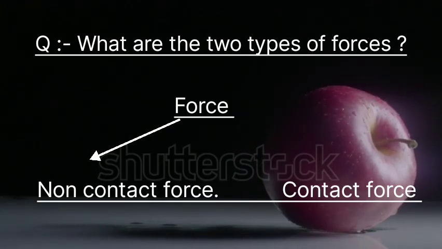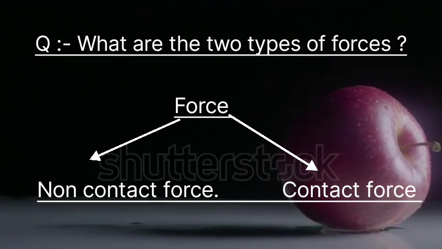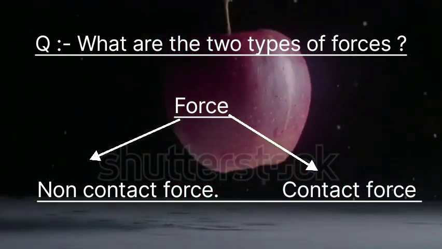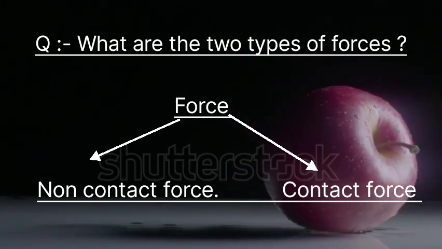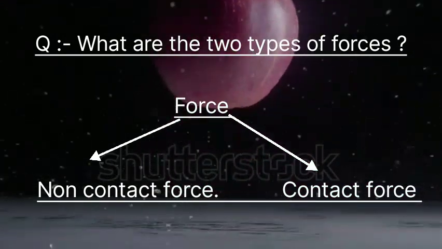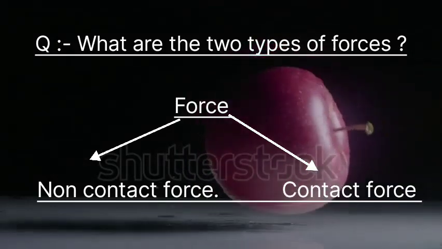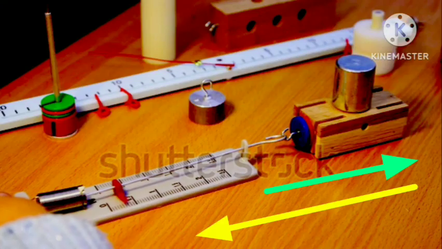Force of contact, or force of non-contact, which is called the force at a distance. Friction needs contact, and you can visualize it. We discussed that the irregularities of the two surfaces have to be in contact with each other.